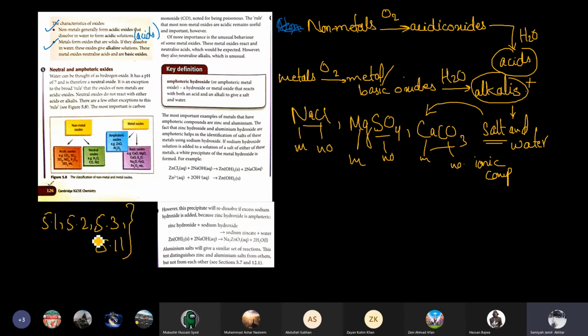So these four are coming in your final exam, and the rest of the chapter, inshallah, you will study in grade 9, and salt is also included in it. But I gave you the intro of it. It's an ionic compound made from metals and non-metals. It's neutral. Its pH is 7.